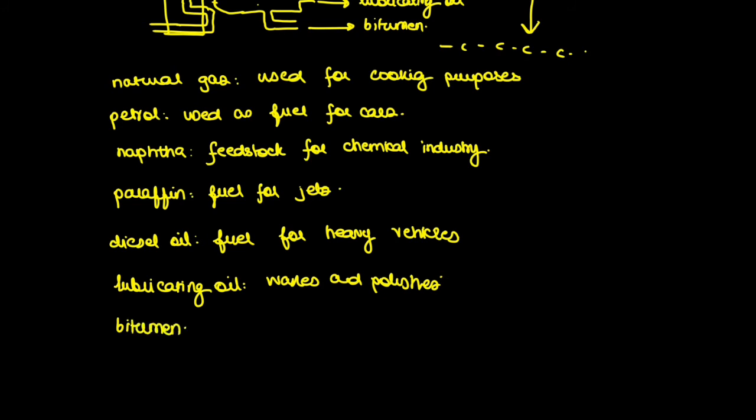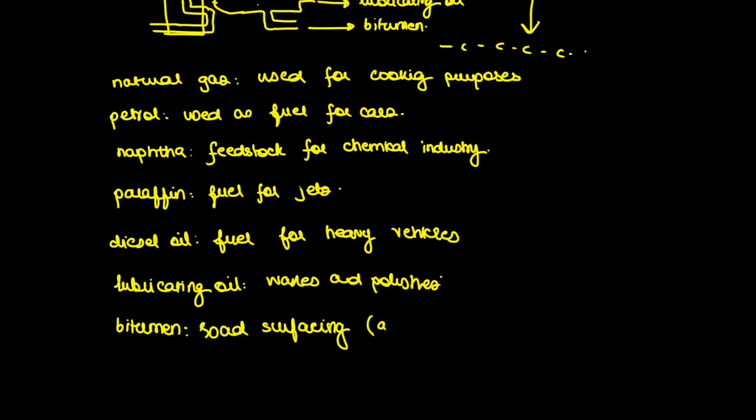It's not a very specialized substance that we can use for a very specific purpose, and it cannot be used as fuel as well because it has a very high boiling point. As I told you, the boiling point increases down the fractions, and at that point combustion becomes inefficient if you combust bitumen. So what we do is use it for road surfacing, along with slag.